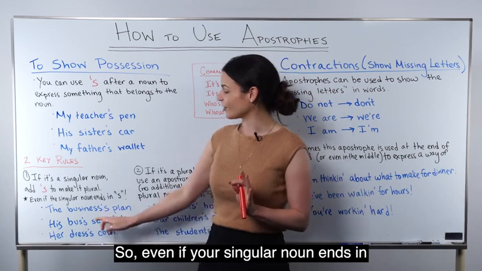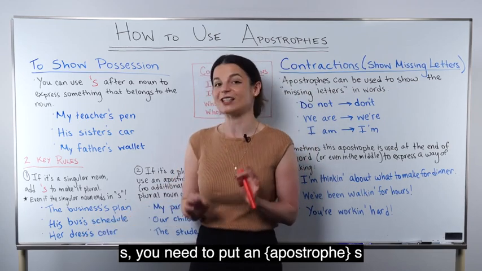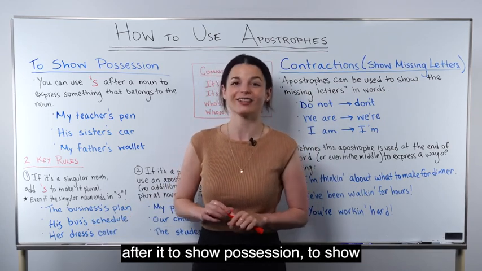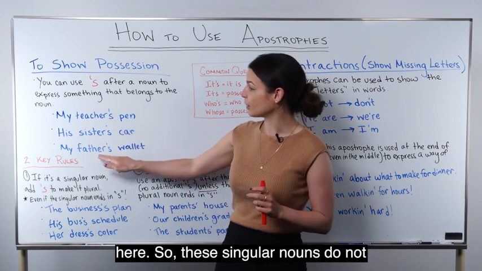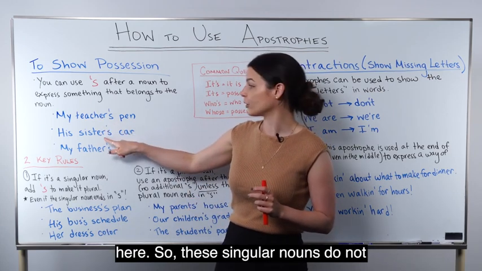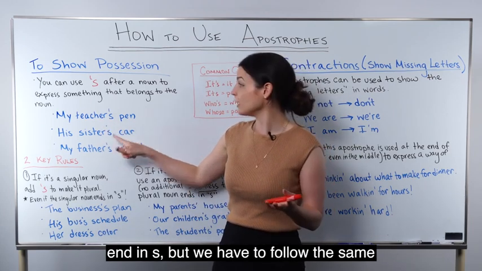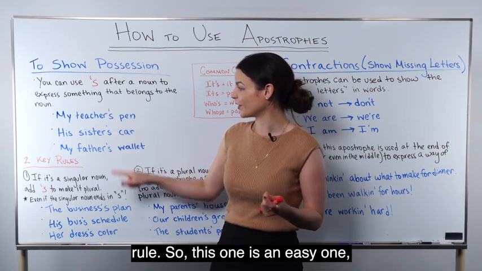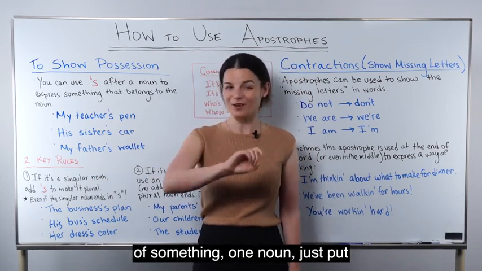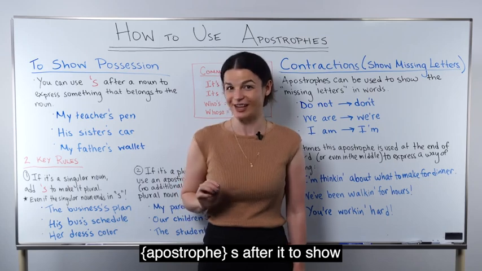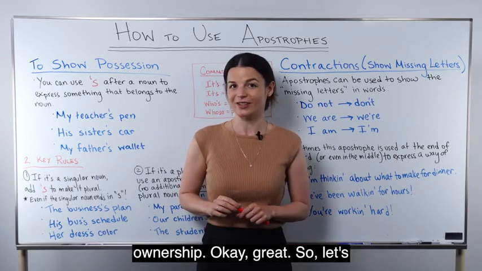So even if your singular noun ends in S, you need to put an apostrophe S after it to show possession, to show ownership. We saw the same thing up here. These singular nouns do not end in S, but we have to follow the same rule. So this one is an easy one. If you're just talking about one of something, one noun, just put apostrophe S after it to show ownership.